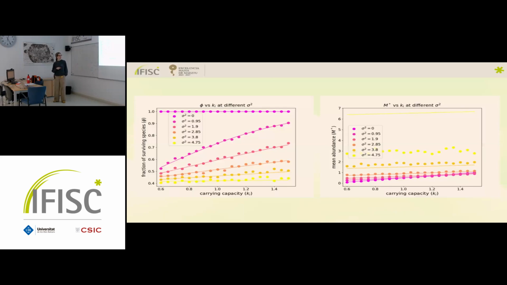And same with the mean abundance: a bigger value of the carrying capacity implies a bigger mean abundance. You may notice here that the last two values for the interaction strength do not behave as expected from the theory. We're going to go back to this in a while.